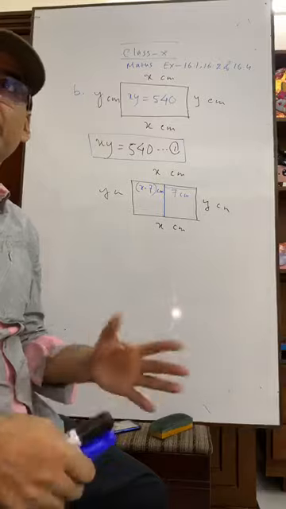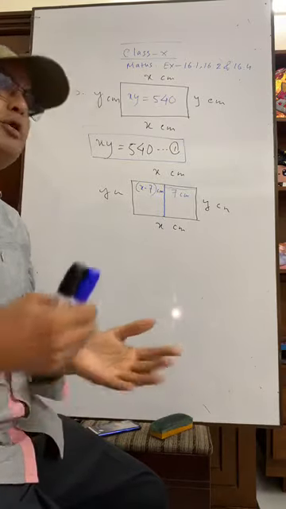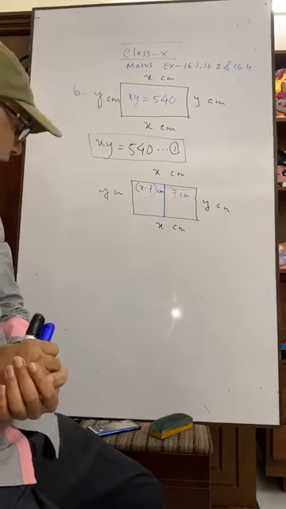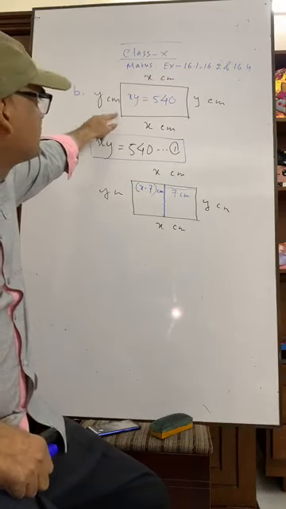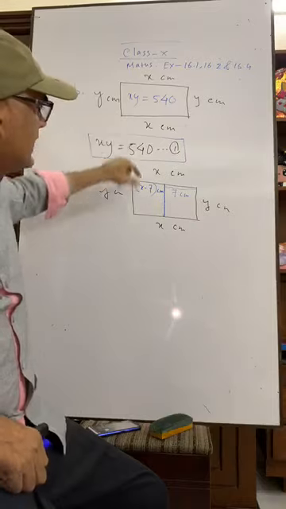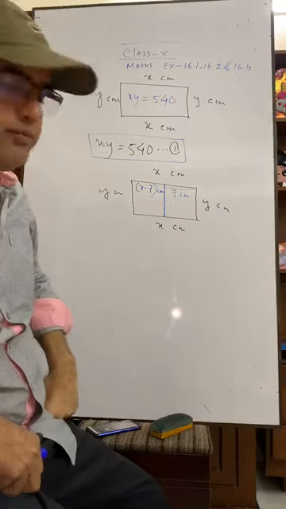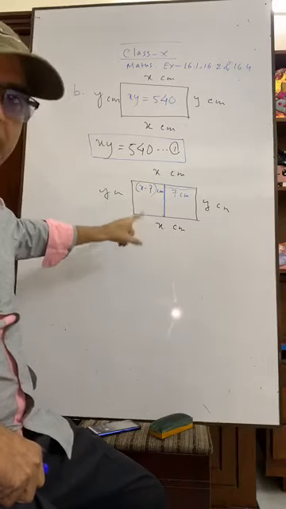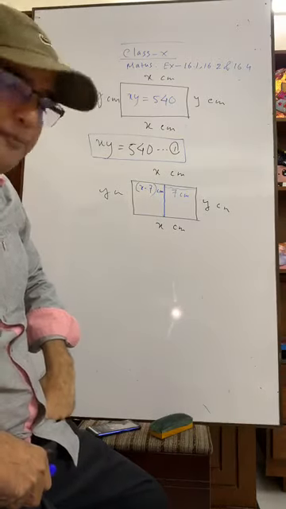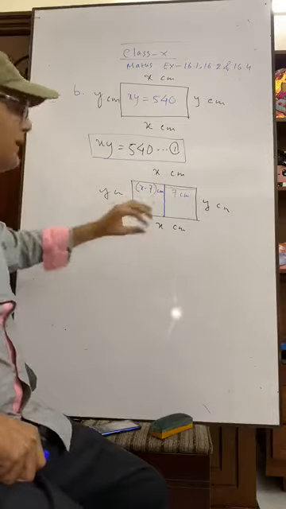If 7 centimeter is taken away from the length of the rectangle, then it becomes a square. You see, this was the original figure of the rectangle. Now 7 centimeter has been cut off from the length. That means we are left with x minus 7 centimeter.